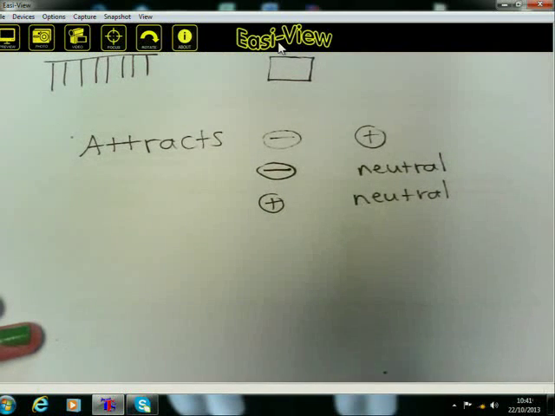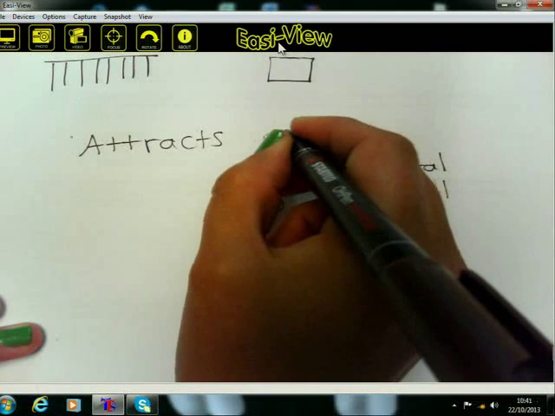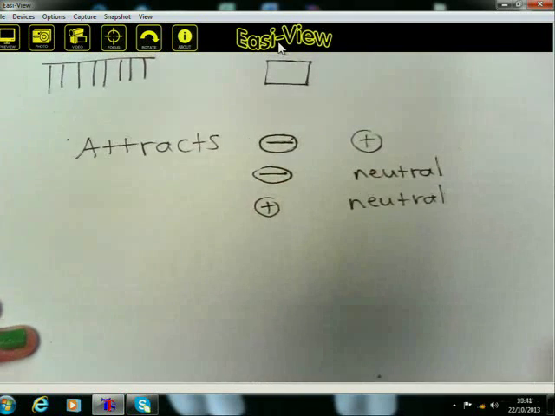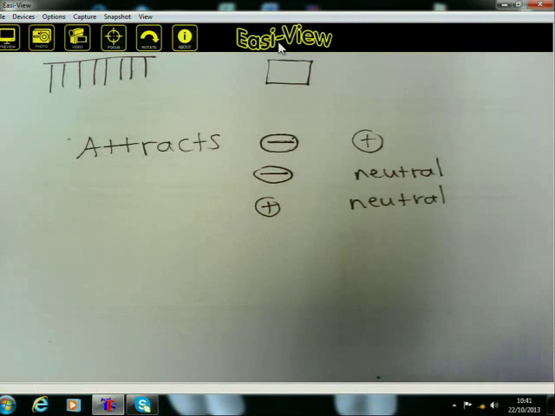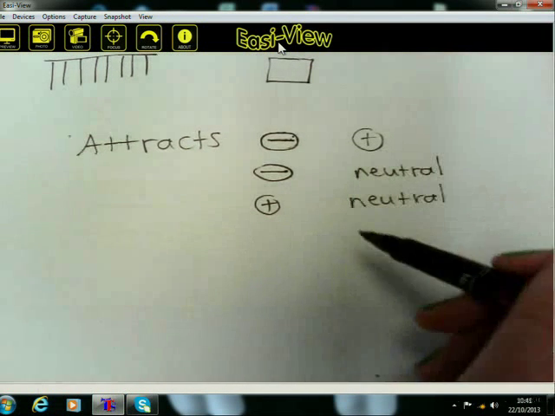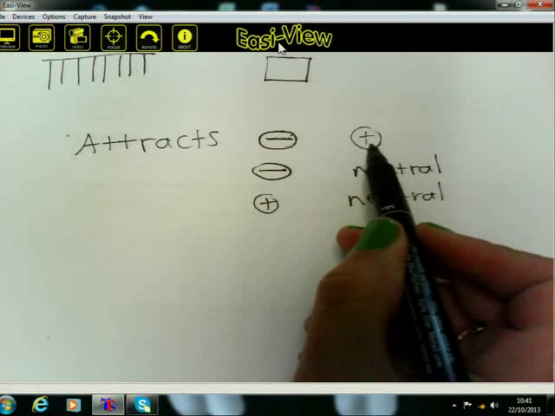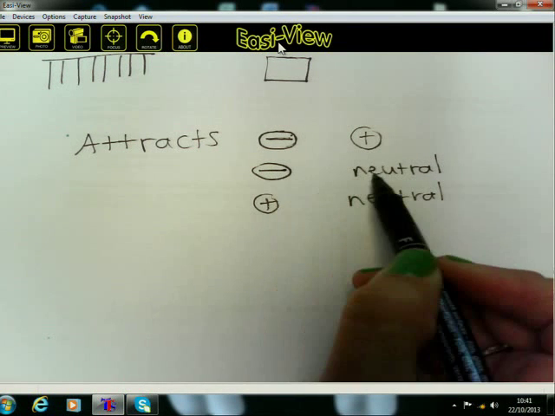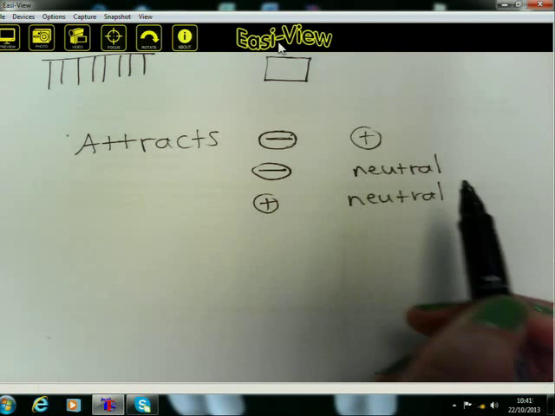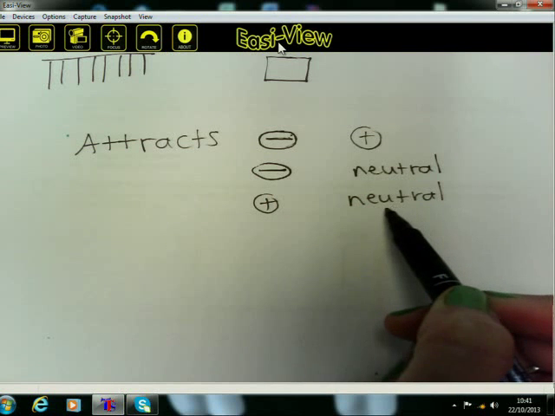Okay, if you don't know this, you must write it down because this is very important. Attracting is negative and positive charges, negative and neutral, or positive and neutral.